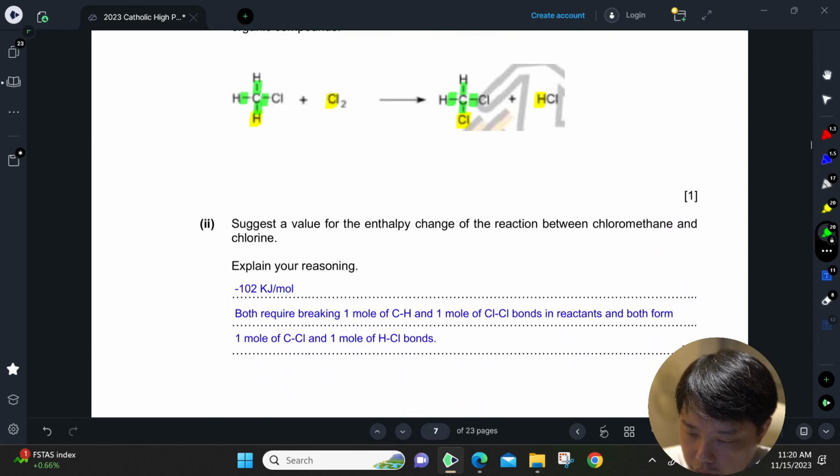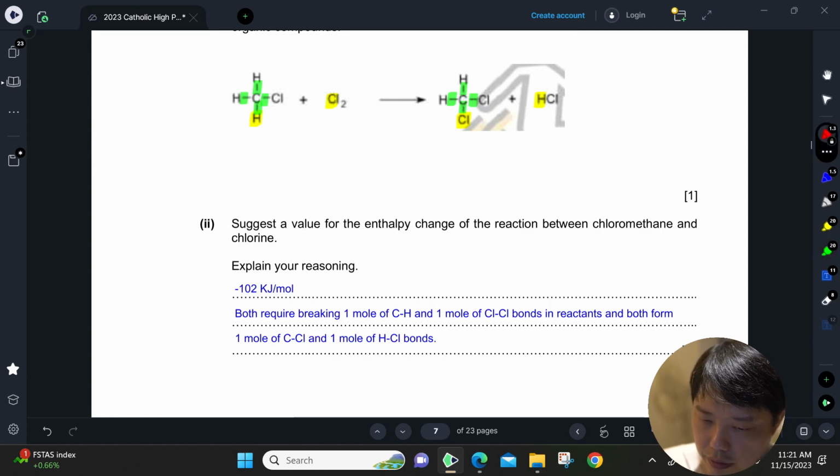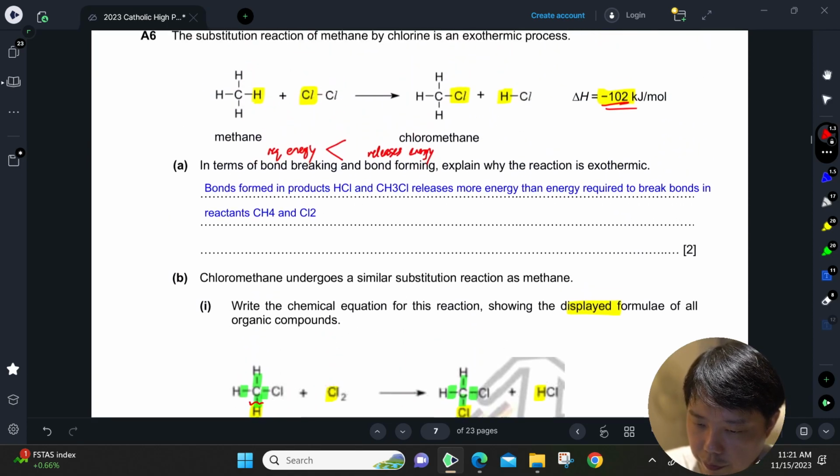What's the value for the enthalpy change of reaction between chloromethane and chlorine? If you look at the reaction itself, we are breaking one C-H bond, breaking Cl-Cl, and forming C-Cl and H-Cl, which is the same as the very first reaction.